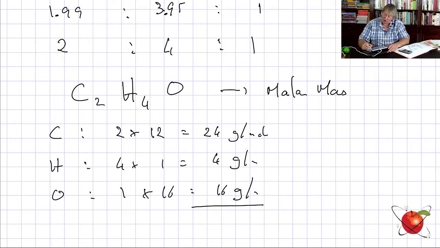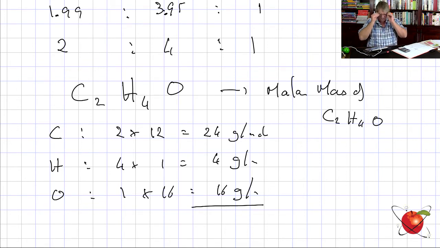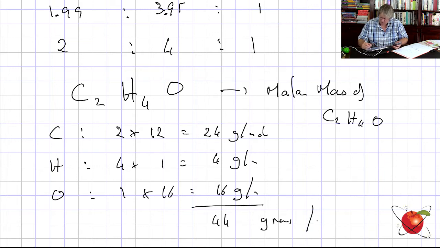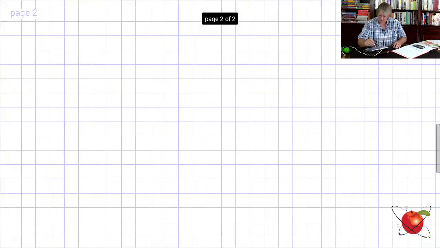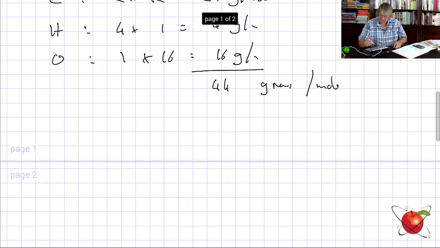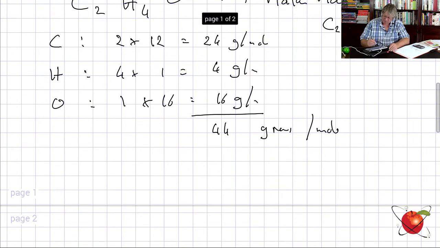So the molar mass of C2H4O is equal to 24 plus 4 plus 16 equals 44 grams per mole. But whoa, hold on. This that we've just worked out, what we said is that this stuff here was C2H4O.